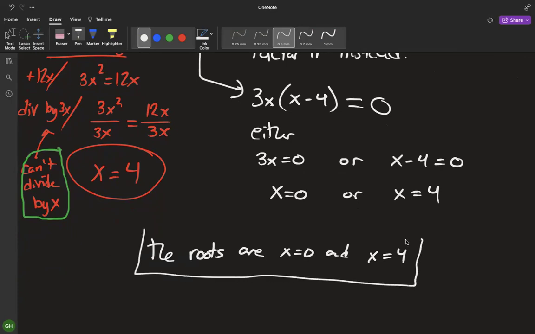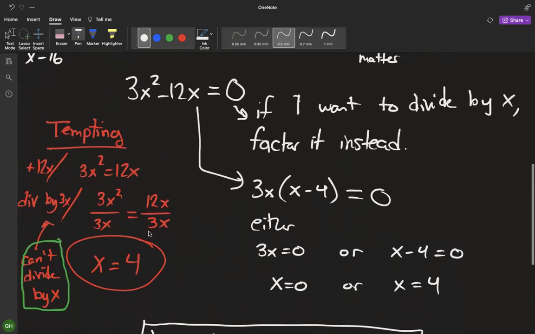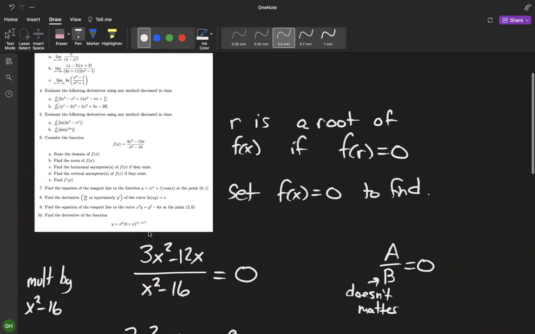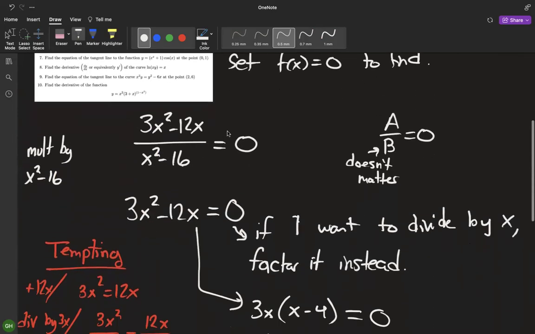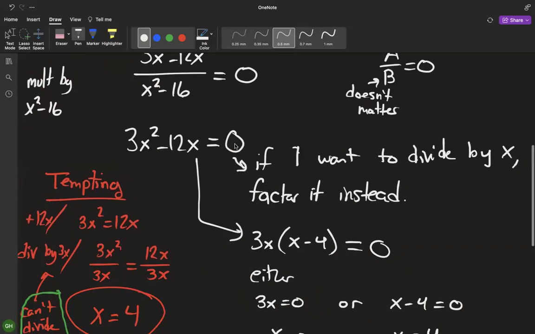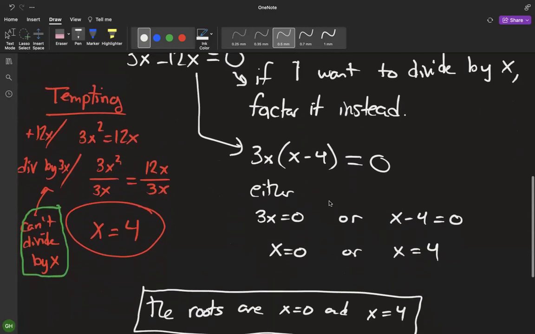These are the two numbers that if I plug it into my function, I'm going to get 0. So again, theoretically, all that we do to find the roots is we set the function equal to 0. From there, it's just algebra. And then just as an algebra reminder, never divide by your variable. If you ever want to divide by your variable, just factor it out instead, and then you'll get this.